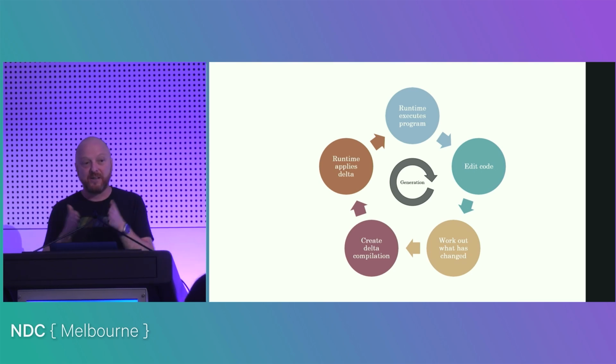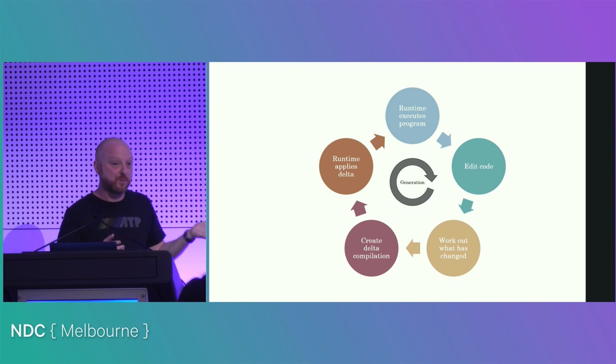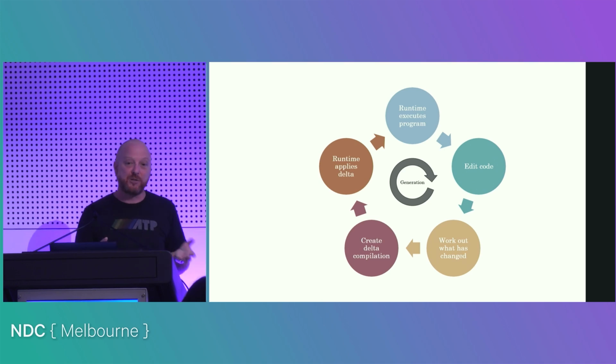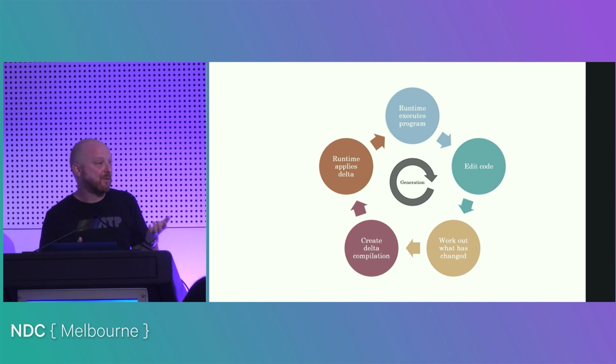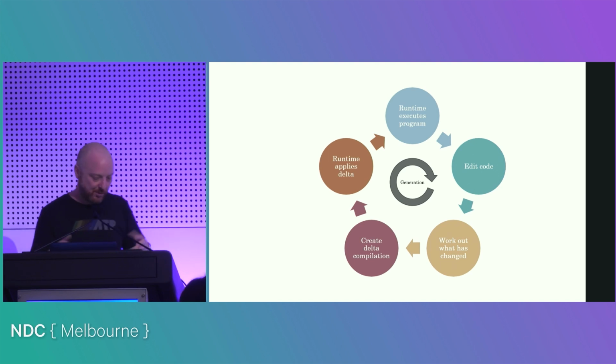The delta is the difference between the original thing you wrote, which is called the baseline, and where we are now. We send that small packet of bits to the runtime, and it does its work. It's got less work to do, because it doesn't need to work out what's changed. We've already told it. Each time through this loop is called a generation. Generation 1, generation 2, you'll see that in a minute.